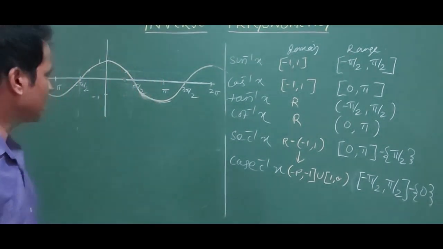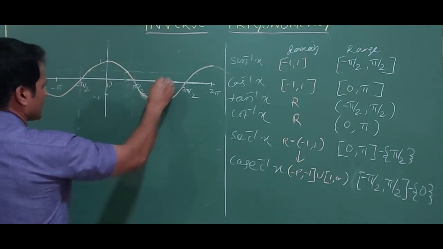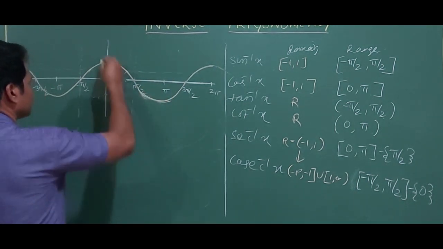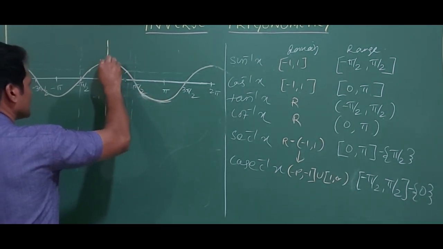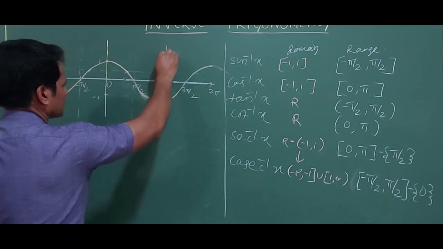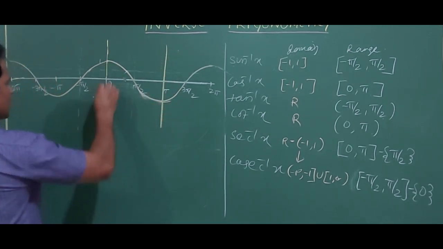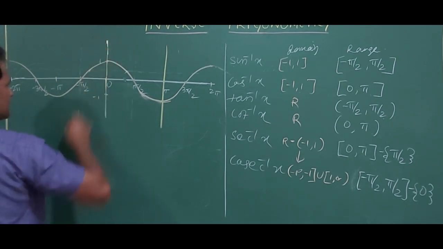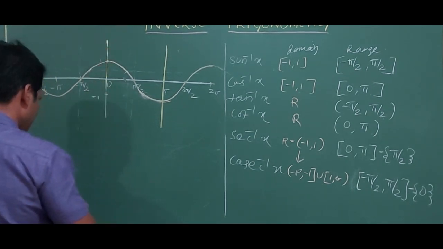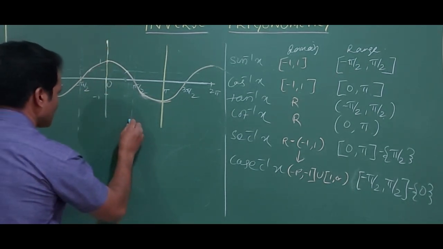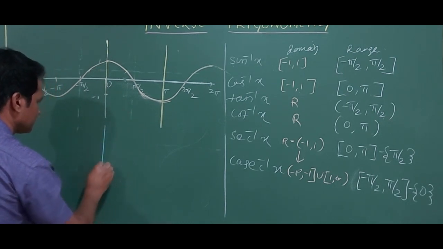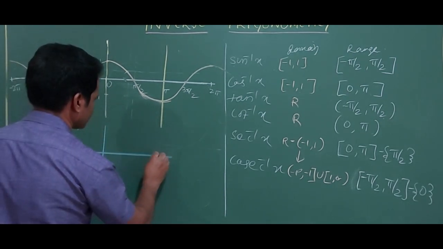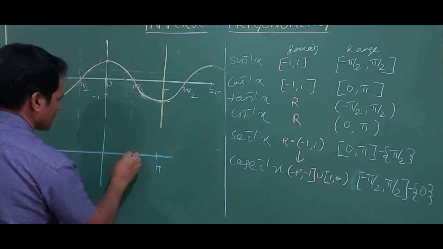So what is that? Think about 0 and pi. Draw lines here. Think of the graph between 0 to pi. What is that graph? This is the graph. This is pi by 2.